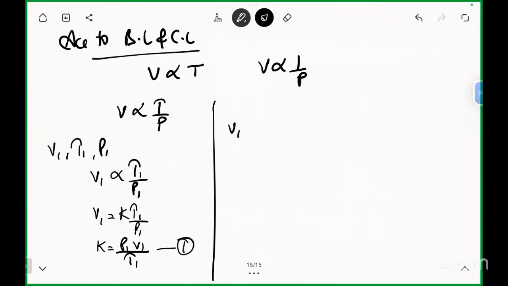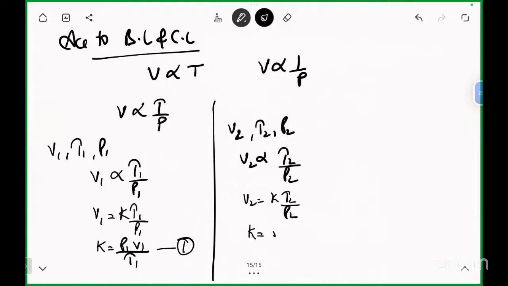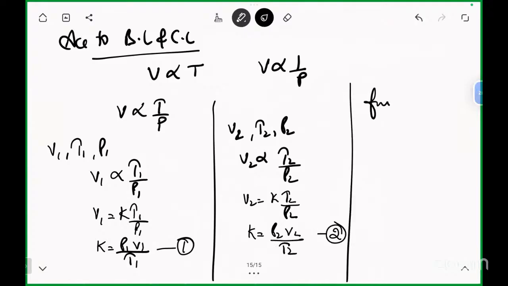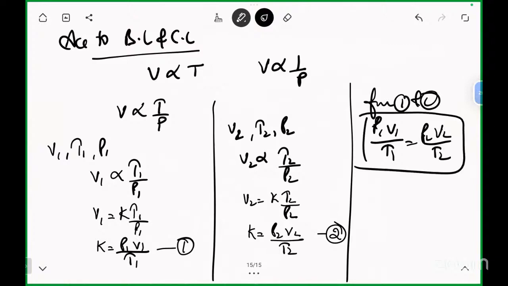Finally V2, temperature T2, V2 is equal to K times T2. Now we can combine these.